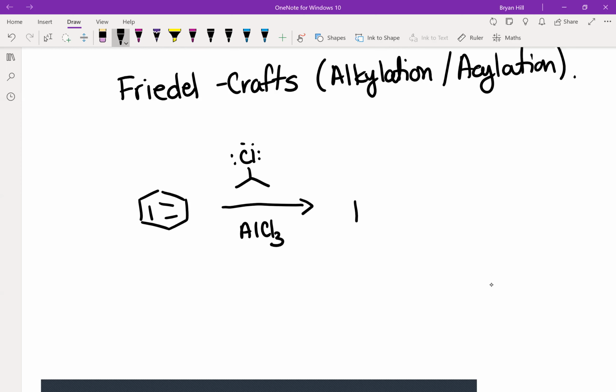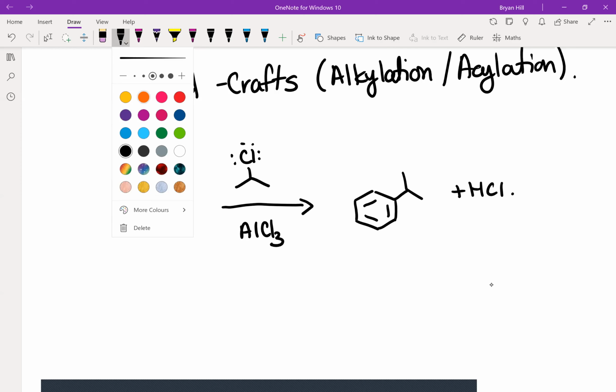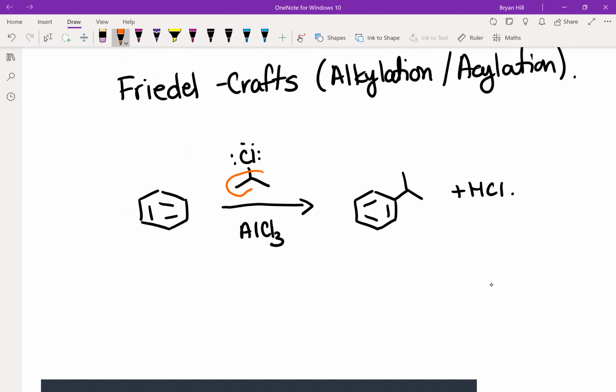And then our product will be, we're basically HCl. So whatever the chlorine is bonded to, this becomes the group that undergoes a substitution reaction.